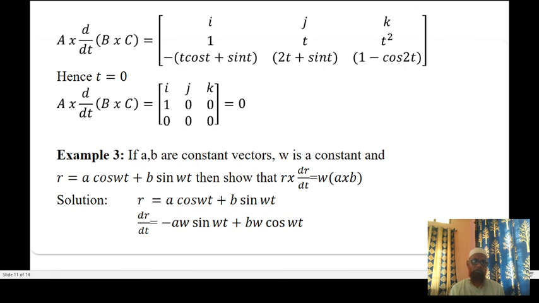Solution: r equals a cos wt plus b sin wt. So dr by dt equals minus a w sin wt plus b w cos wt.